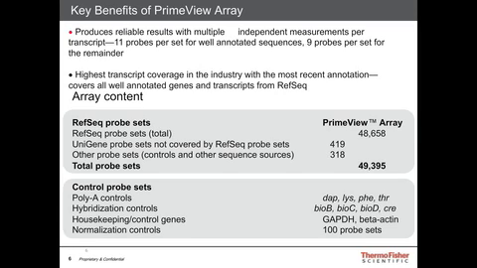For example, we have 11 probes per set for well-annotated and 9 probes per set for the not so well-annotated genes. As of now, the array offers the highest transcript coverage in the industry with the most recent annotation. The array has about 50,000 probe sets, and multiple controls have been integrated into the workflow that allow easier quality control checks.